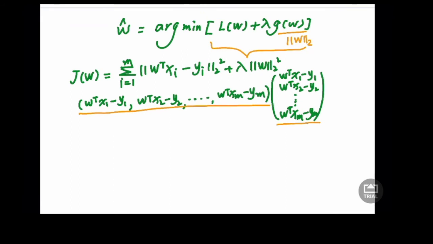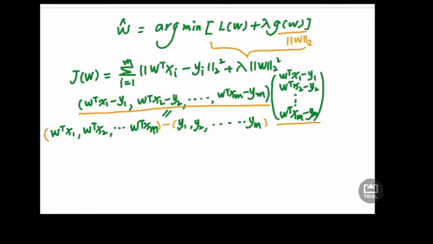Let's look at the first portion. It can be written as this row vector minus another row vector, which is composed of y1, y2, dot dot dot, ym. It should be m here. Okay. Now they're equivalent, right?